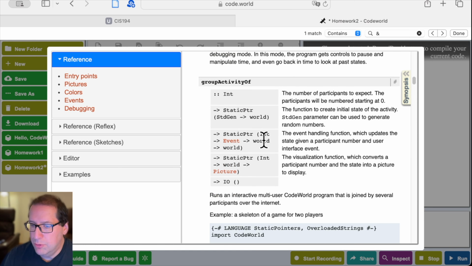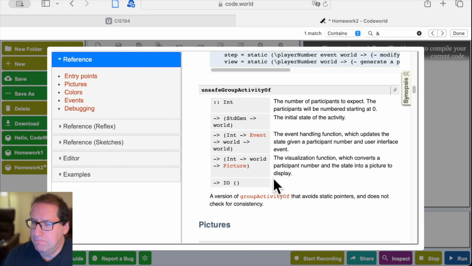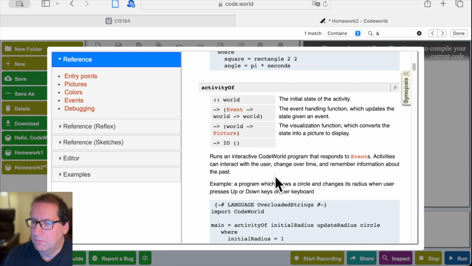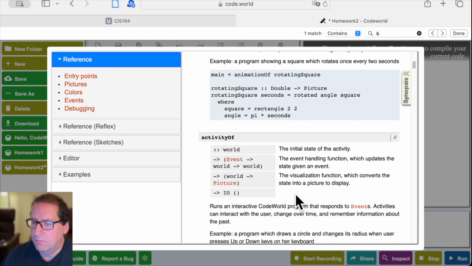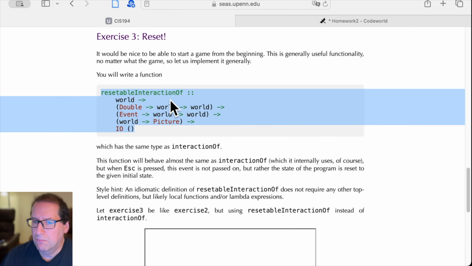Debug activity of, group activity of, unsafe group activity of. Okay, so resettable activity of is not, in fact, a CodeWorld entry point. We're being asked to write it. Okay, well, that helps.